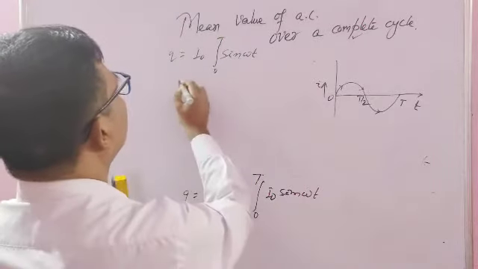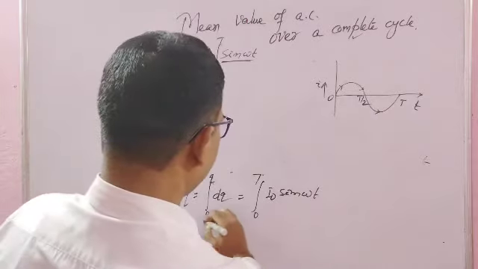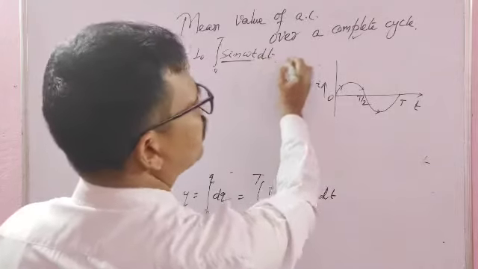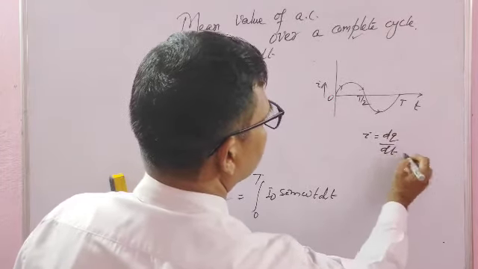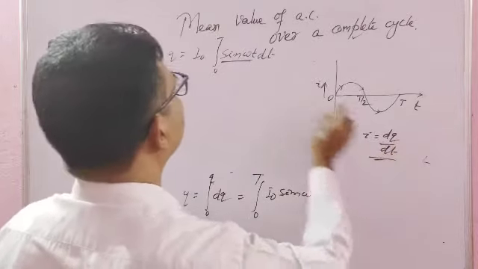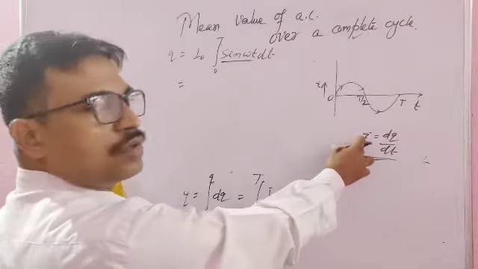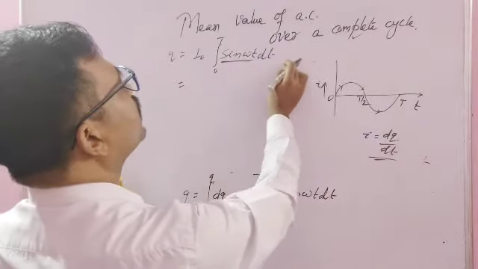No. As it is integration, I is equal to dq by dt, so dq is equal to I dt. So whatever letter you use, the same thing you have to put: sin omega t dt.